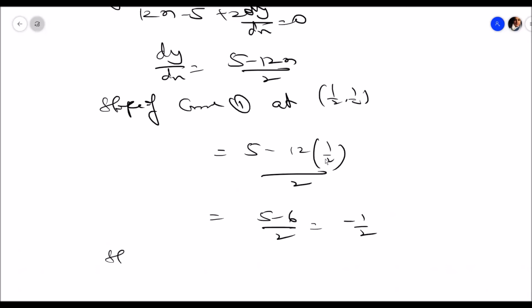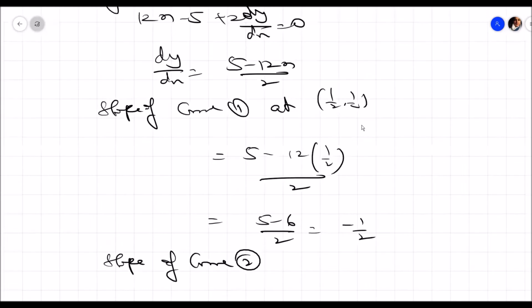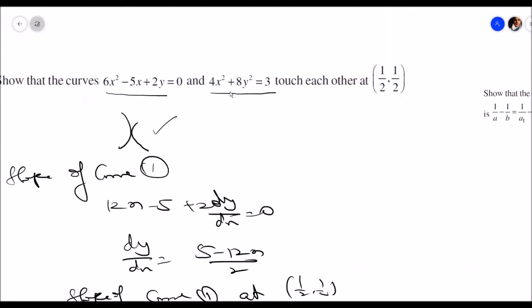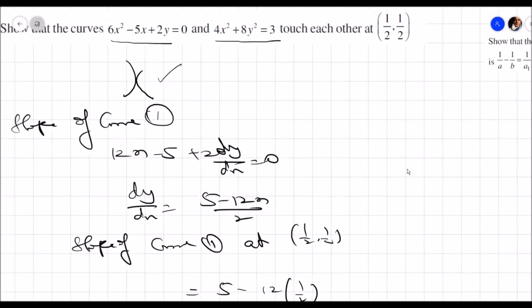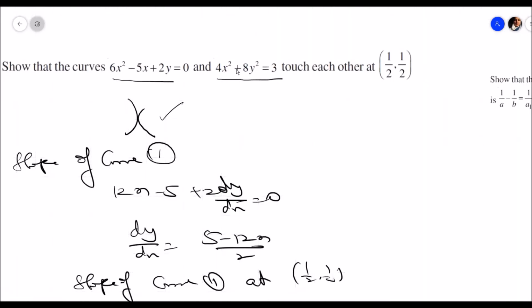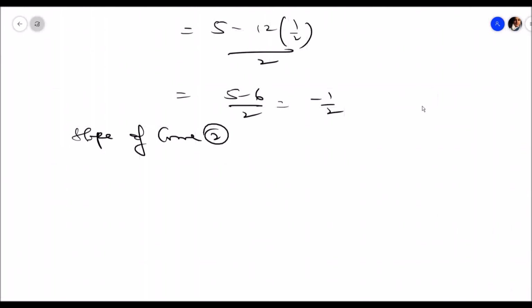Okay, similarly slope of curve 2. To find out curve 2 slope, again I'll have to differentiate it on both sides with respect to x. So differentiating, I'd be getting 8x plus 16y dy by dx is equal to 0.